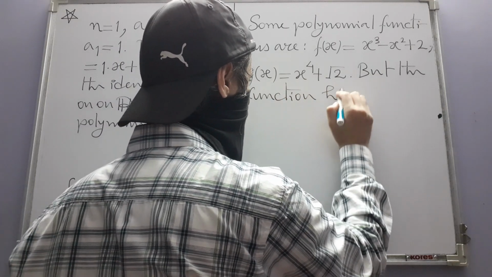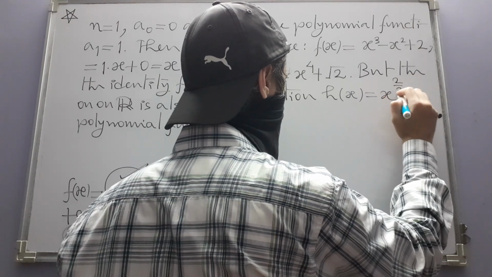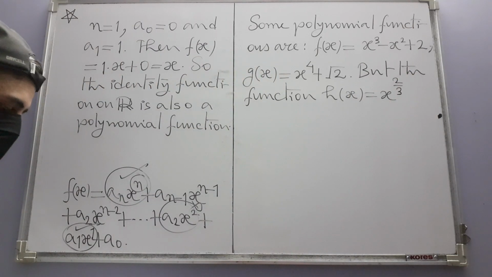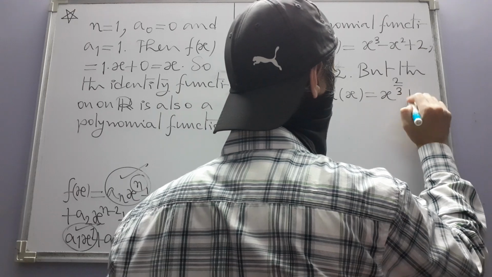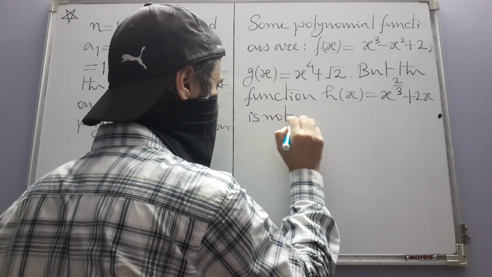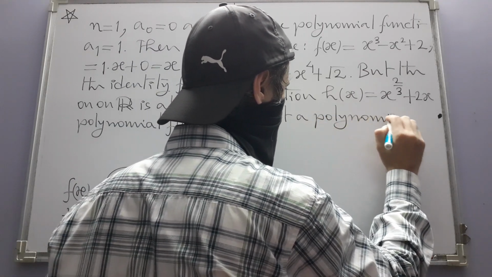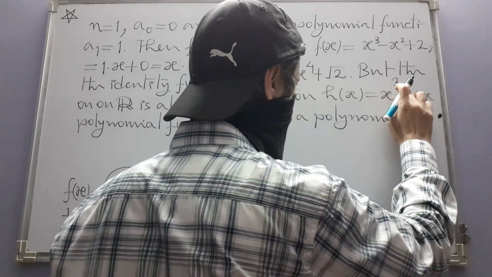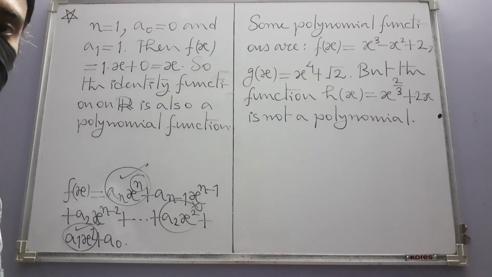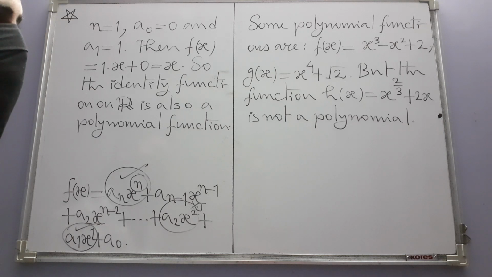The function h of x equal to x to the power 2 over 3 plus 2x is not a polynomial. Why? Because this exponent is not a non-negative integer, it is a rational number but it is not an integer. That is why, although this will be a function, it is not a polynomial function.